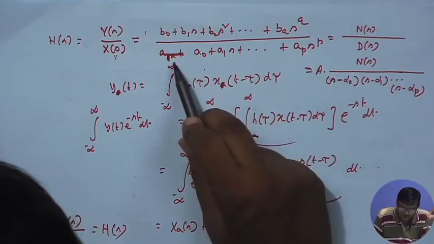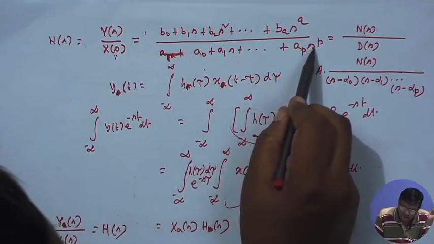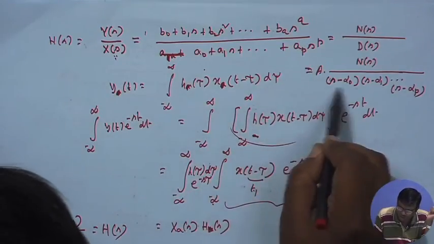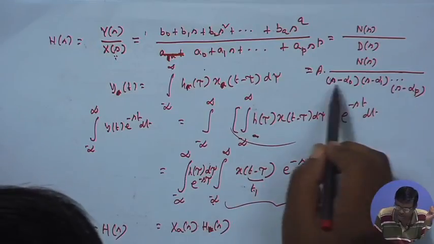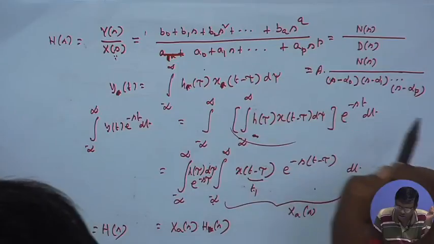I took AP out, 1 by AP I called capital A, and therefore, s to the power p has a coefficient 1. That is why when you multiply these factors s to the power p will have coefficient 1, that is the reason I did it.